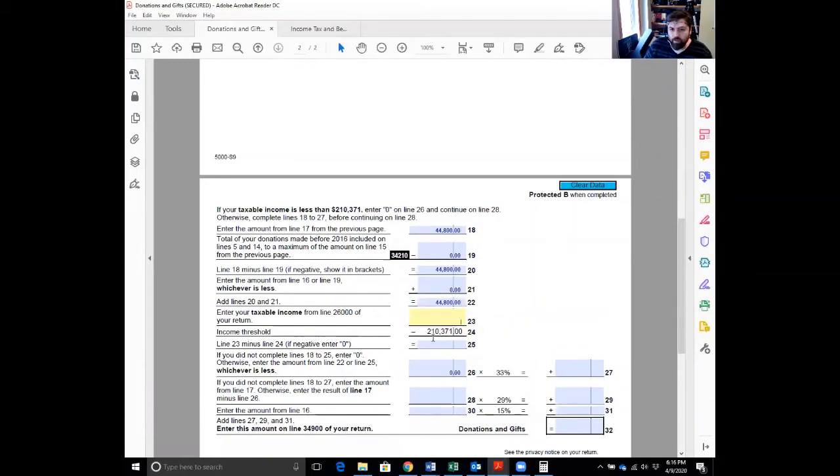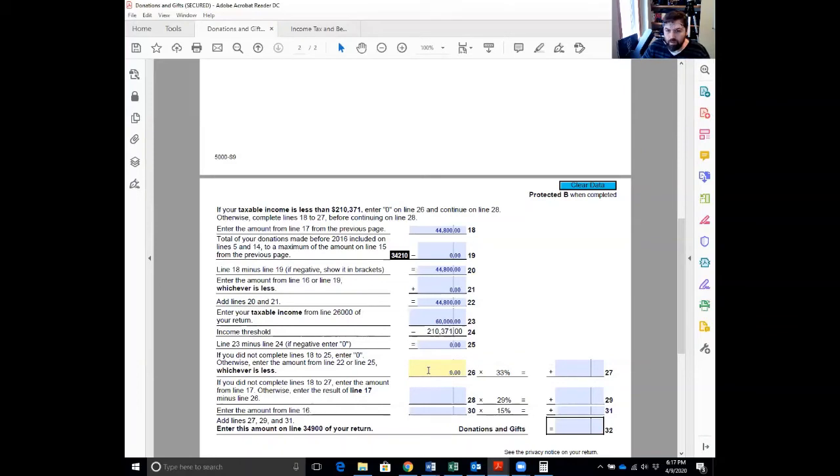Enter your taxable income from line 26000 of your return. That's going to be the same. We have no deductions from our taxable income section of the T1. Okay, so income threshold, line 23 minus line 24 is 0.